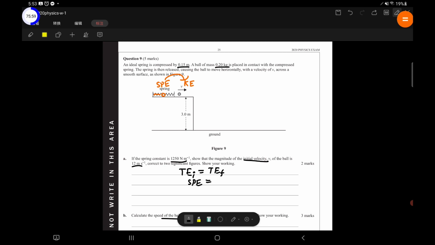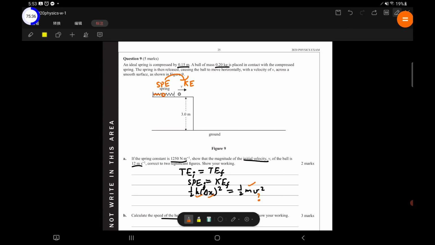Now we can use the values that I've talked about earlier to complete the left-hand side of the equation, right? Because we know the spring constant and we know the compression of the spring. We also know the mass of the ball, and so that will let me find v.